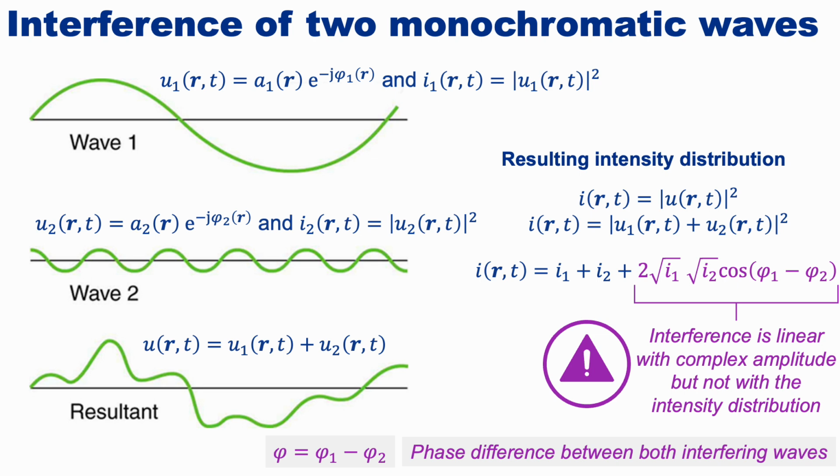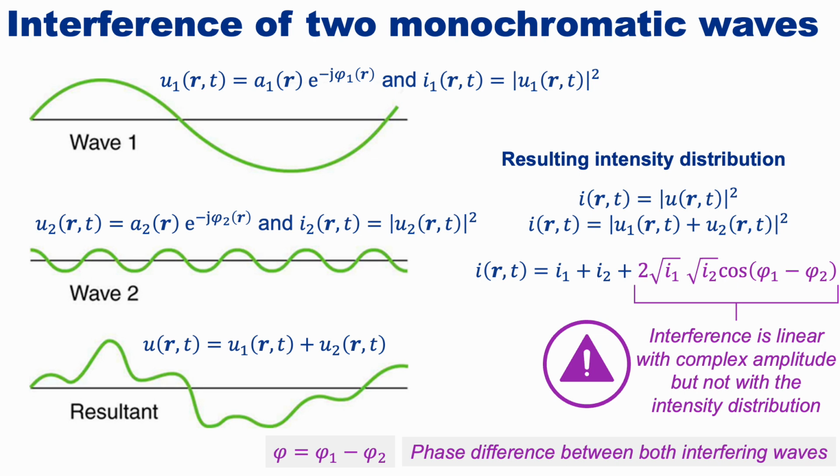So we were saying that the superposition occurs by summing the individual complex amplitude distributions of the wave functions. Then the intensity distribution of the superposition is just the modulus squared of the resultant complex distribution, which is going to be the summation of the individual ones.